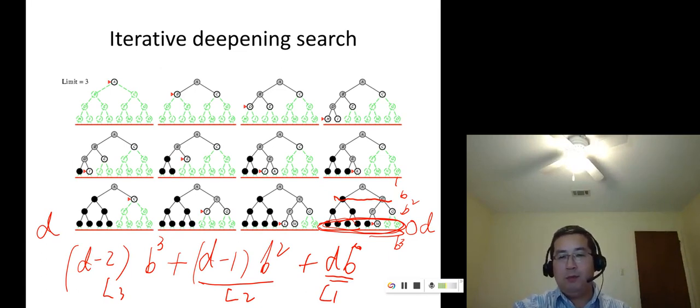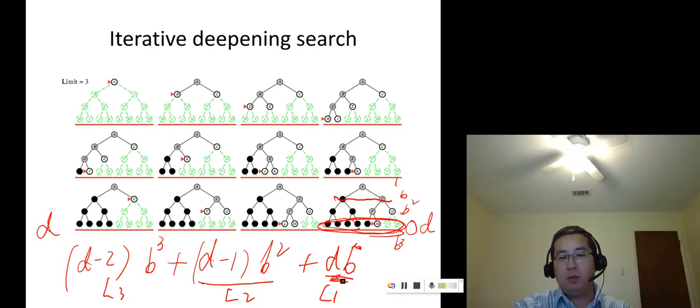So if we search till the depth D, we find the answer, and then we will expand layer 1 D times, and then at most there are B nodes in this layer, because we now found the upper bound, okay? When we do time complexity, we want to get the worst case, what is the value it cannot exceed. That's the maximum, okay?